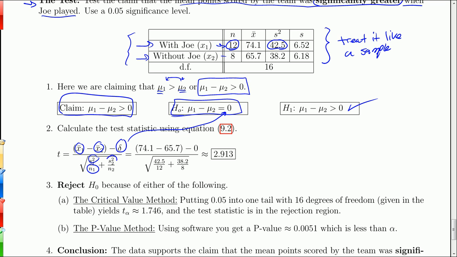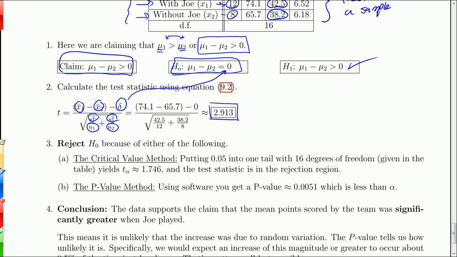The sample variance for sample 2 is 38.2, and the size of sample 2 is 8. When you plug all these in and do it carefully in your calculator or with software, you get a test statistic of 2.913.